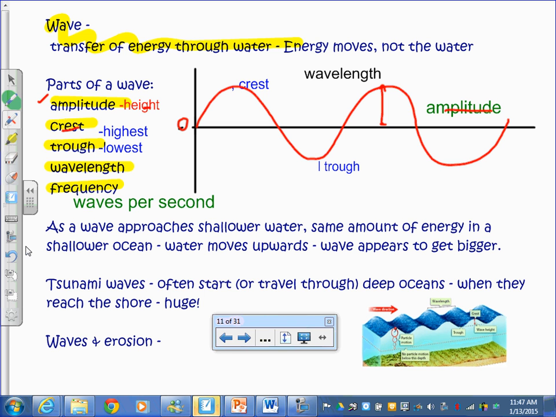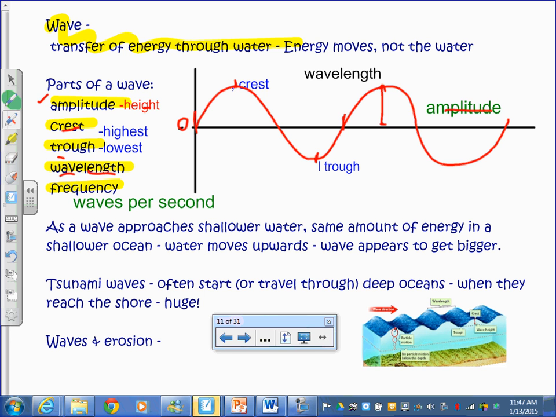The crest and the trough, that's pretty easy. The crest is the highest point, right at the very top, and the trough is the lowest point. Pretty simple. Wavelength is exactly what it sounds like, the length of a wave, but here's the tricky part. The length of a wave is one complete cycle. So it's from here up, down to here.